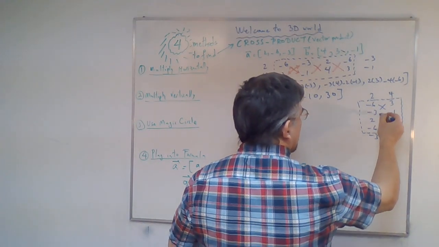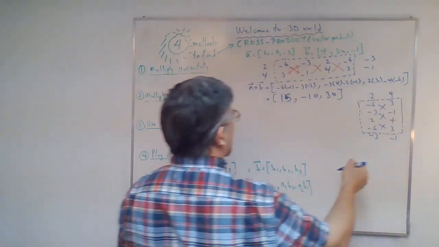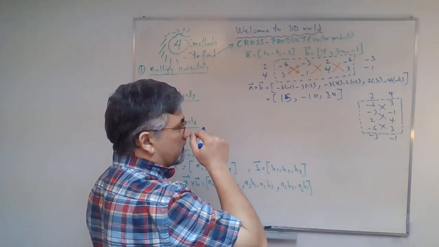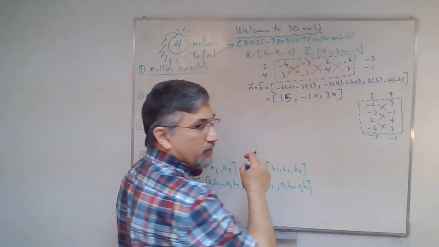So this times that, this times this. So we end up with -6 times -1, and then minus 3 times -3.